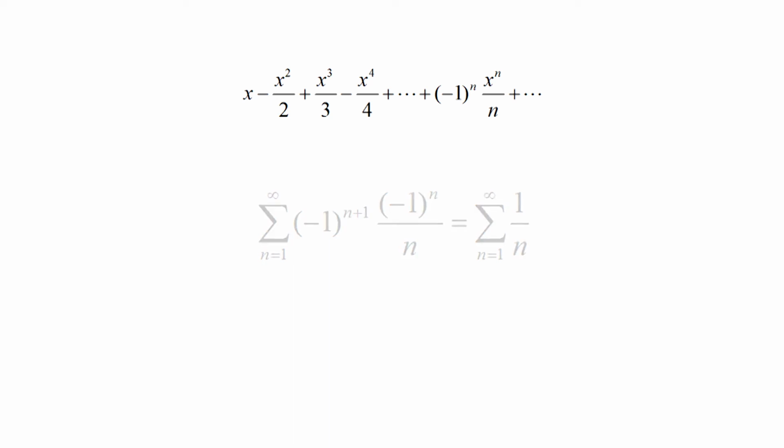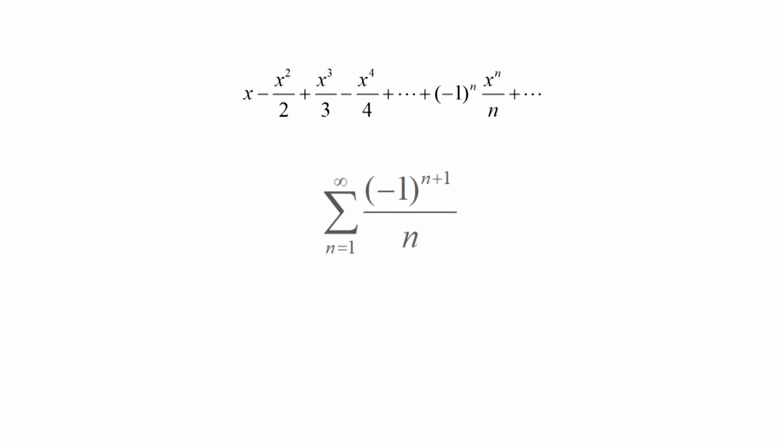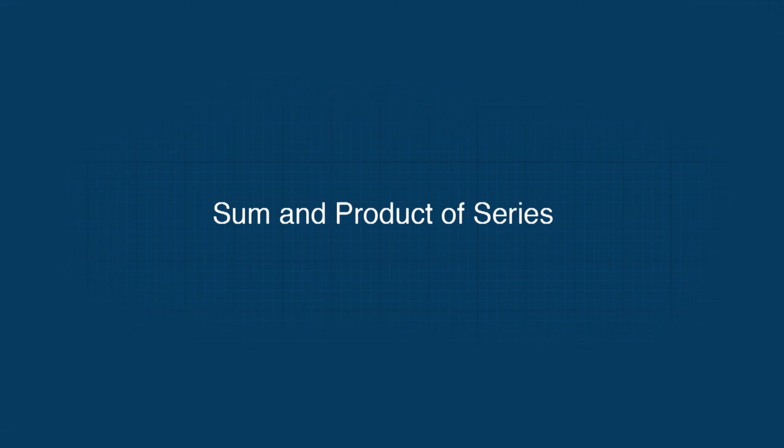At x equal to 1, the series becomes the convergent alternating harmonic series, summation (-1) power n plus 1 upon n where n from 1 to infinity. Hence, the interval of convergence is -1 less than x less than or equal to 1 and the radius of convergence is 1.